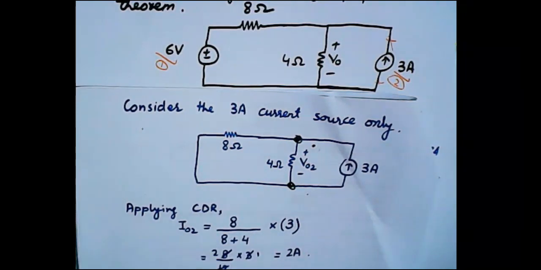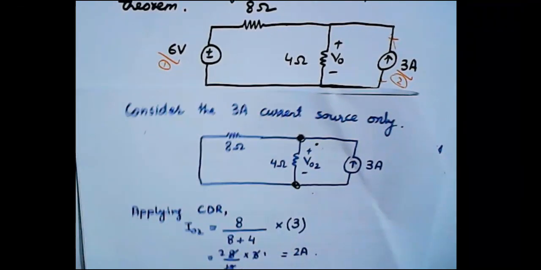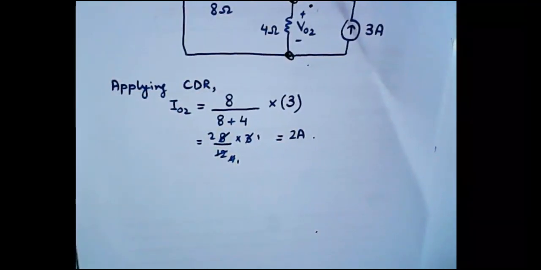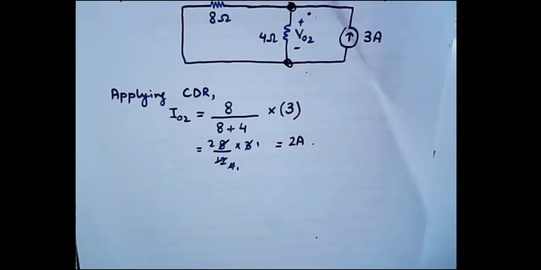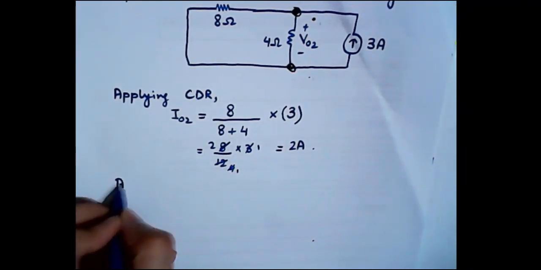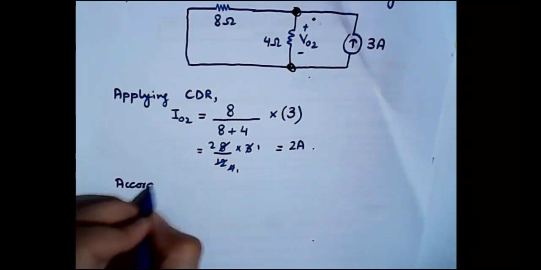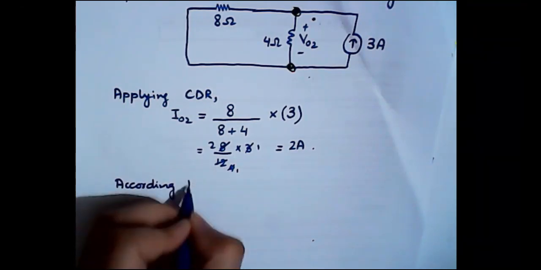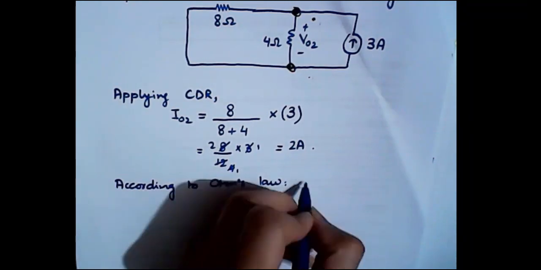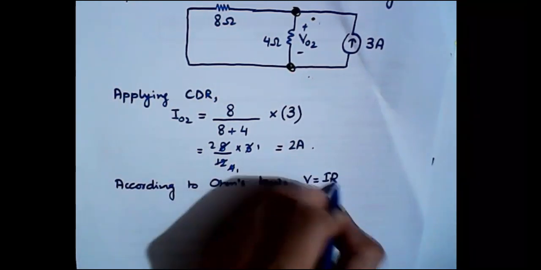But the important thing to note is that we have calculated the value of current, whereas we need the value of voltage. So again we need to apply Ohm's law and calculate the value of voltage across this branch with the help of current. According to Ohm's law, V is equal to IR, we all know that.